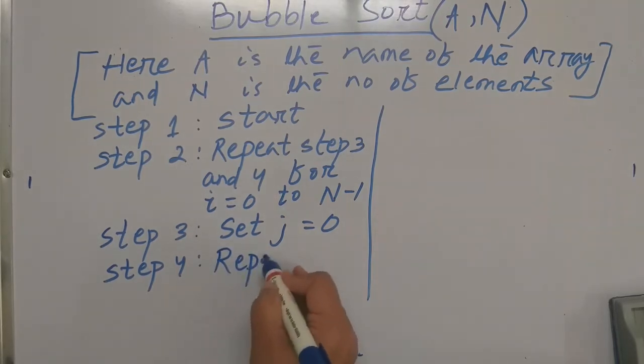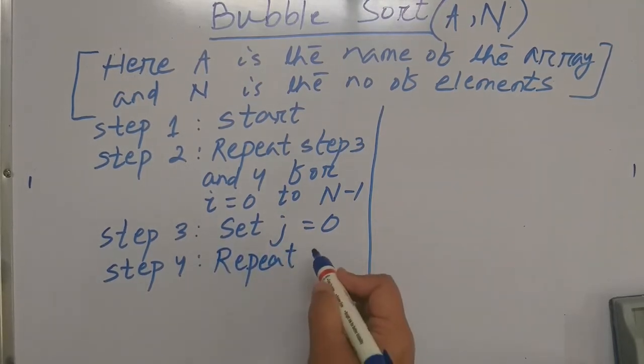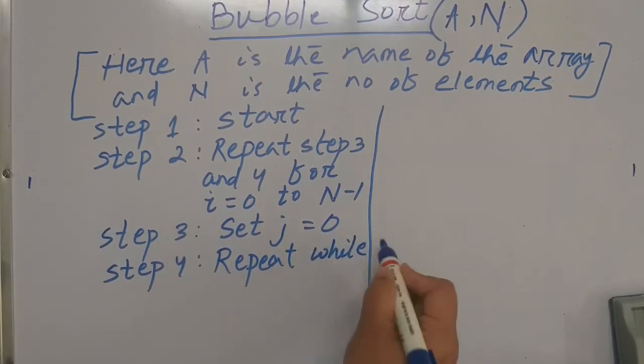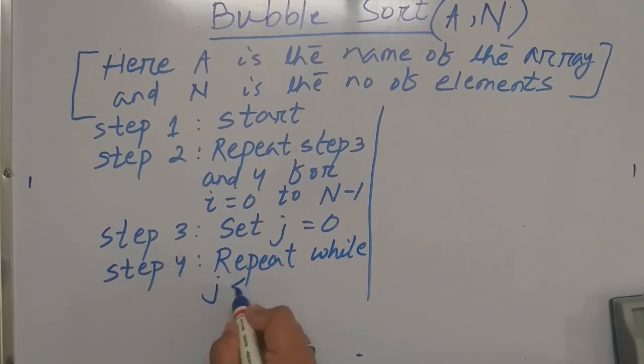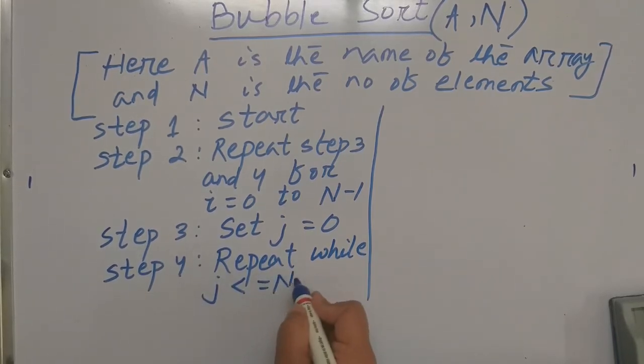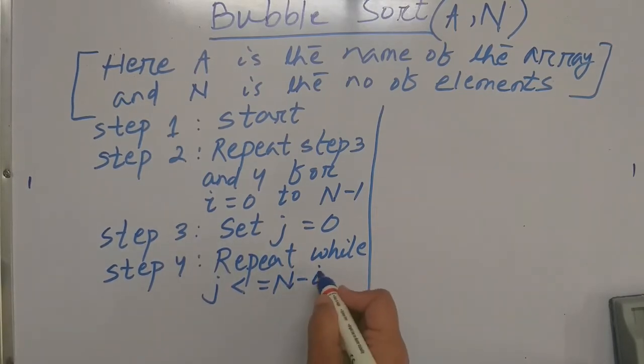For that we are using another variable, the j variable. So repeat while, how many steps do we repeat here? Repeat while j is less than or equal to n minus I. Why is it written as I? Because I is starting from 0 to n minus 1.